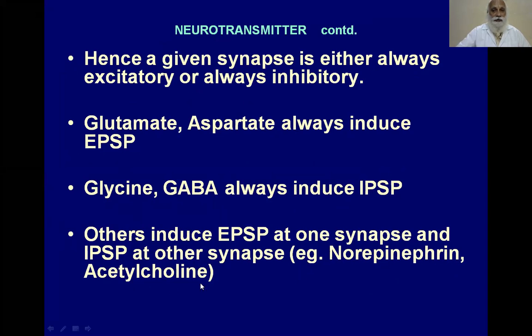For example, acetylcholine on the heart causes inhibition, but on the smooth muscle of the small intestinal wall it causes contraction.